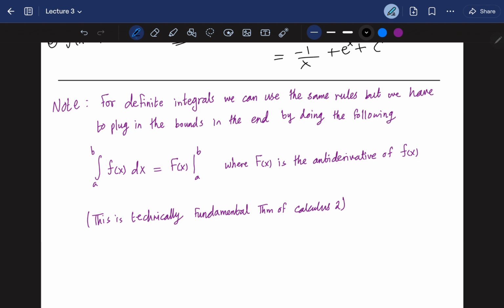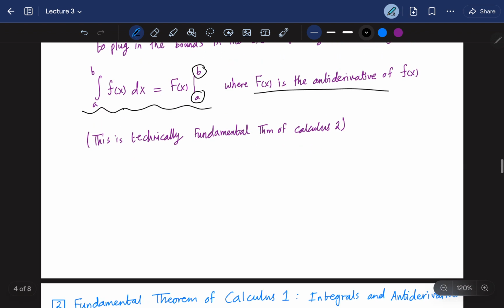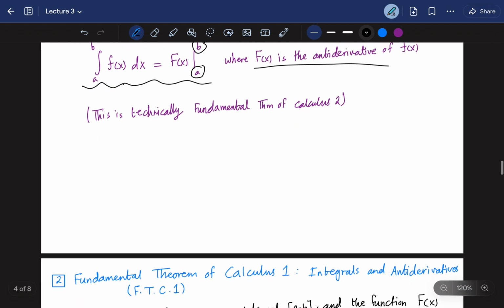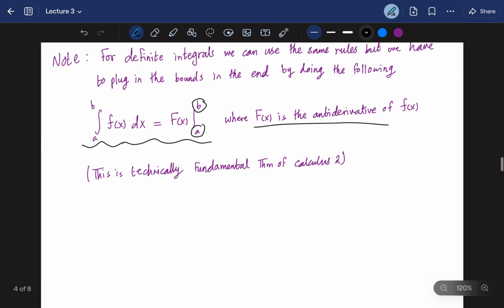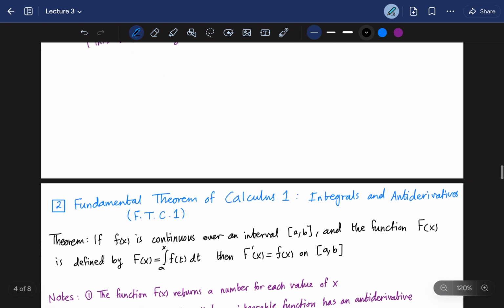For definite integral, we're going to use the same exact rules, but in the end, we're just going to plug in the bounds using this formula. So if I have a definite integral, once I'm able to find my antiderivative, I'm just going to plug in my bounds. We're going to talk about this more once we get to the fundamental theorem of calculus part 2. So this is just a quick fact to keep in mind for now.